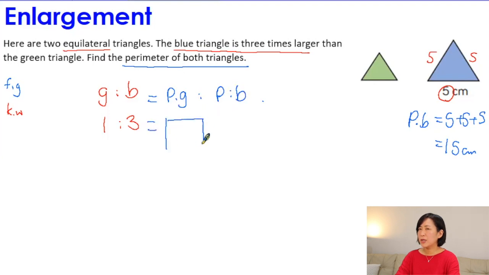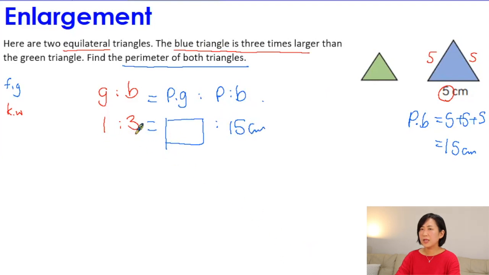So let's write down these equivalent ratios. The missing part is the perimeter of the green triangle. The perimeter of the blue triangle, we know, is 15. So missing value to 15.